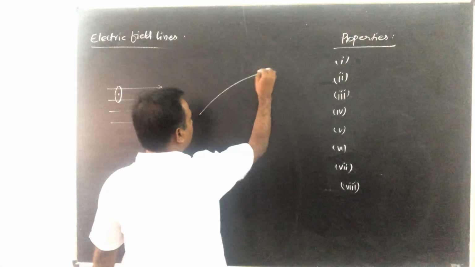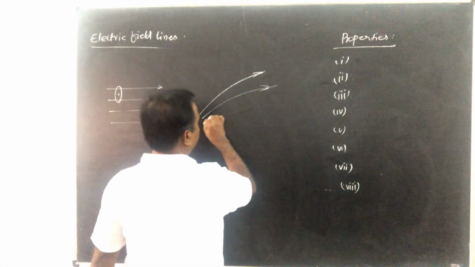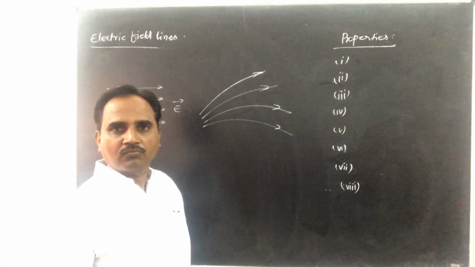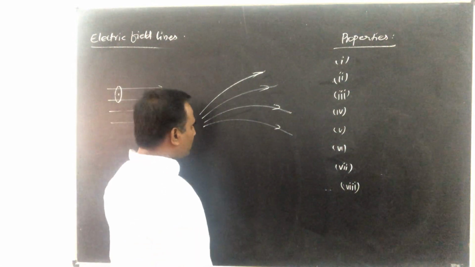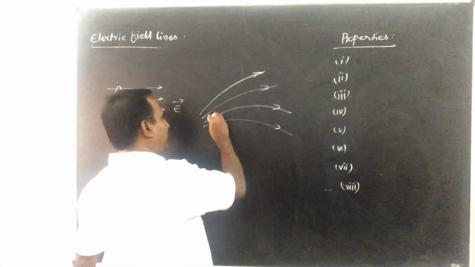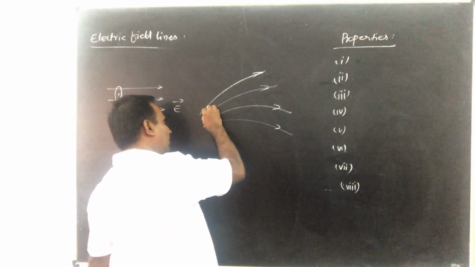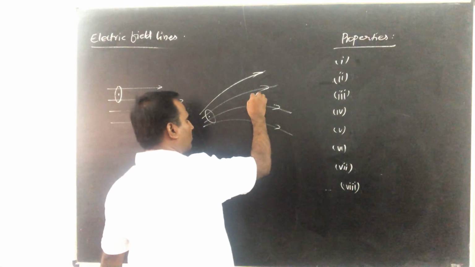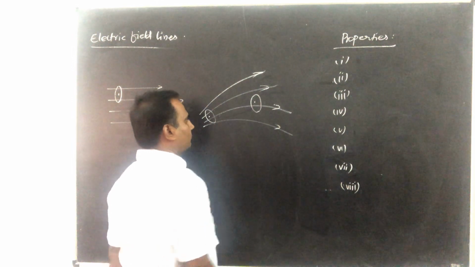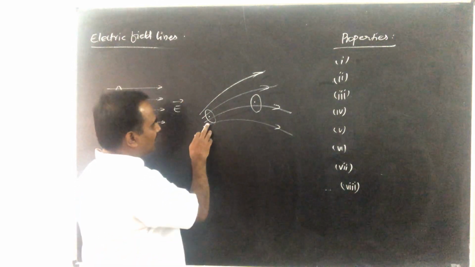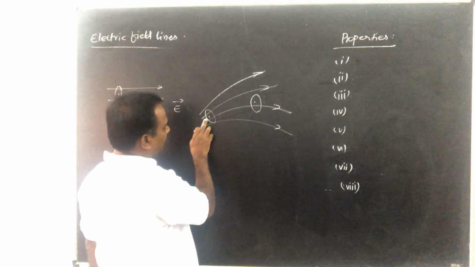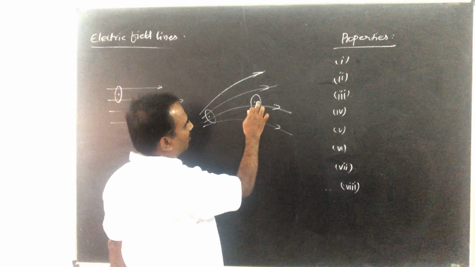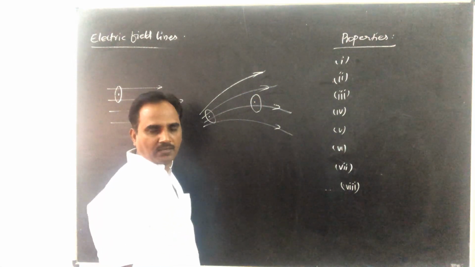Similarly, sometimes the electric field can also be shown like this. When the electric field is represented this way, if I consider unit area around this point and unit area around this point, you can see that the number of electric field lines passing normally through this area is more than the number of electric field lines passing normally through this area.